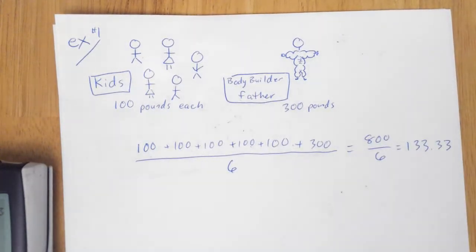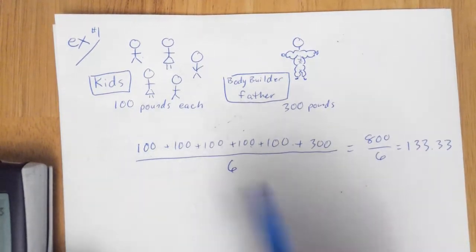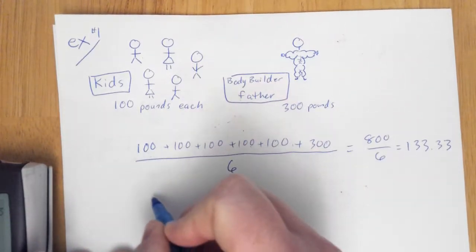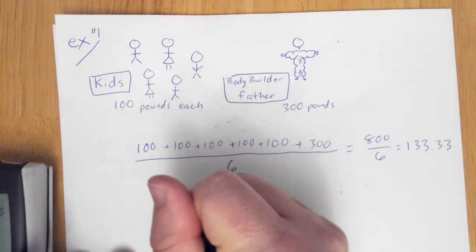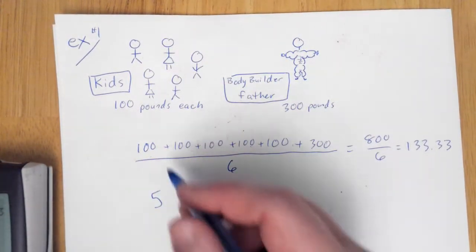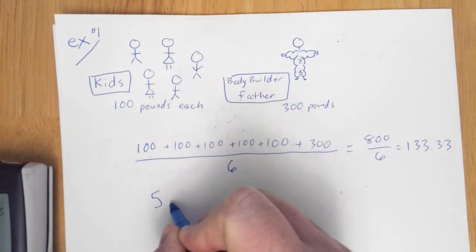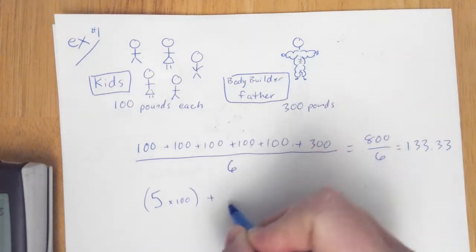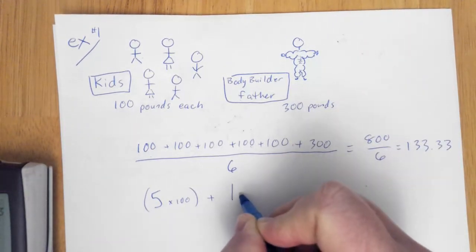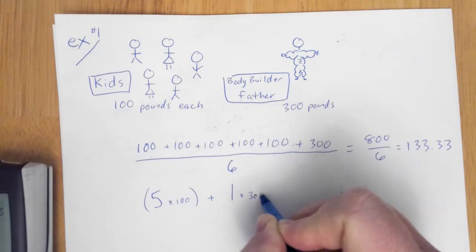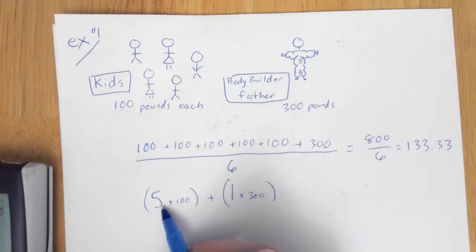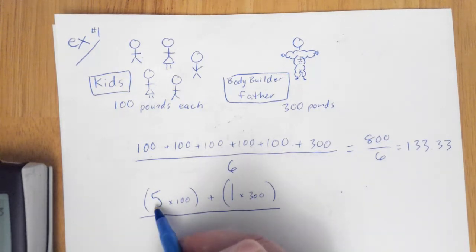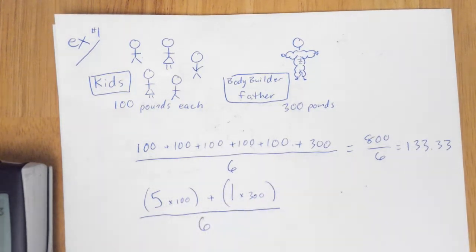Now, there's another way to do this, basically the same way. How many people were there? There were 5, and I like to write that number nice and large. There were 5 times the 100, plus 1 times the 300, divided by how many total were there? 5 and 1 make 6.